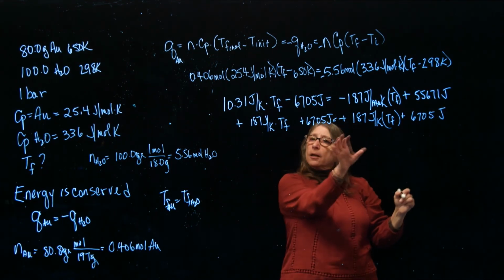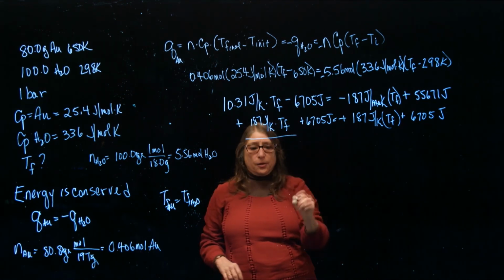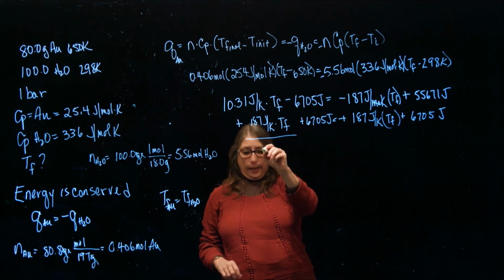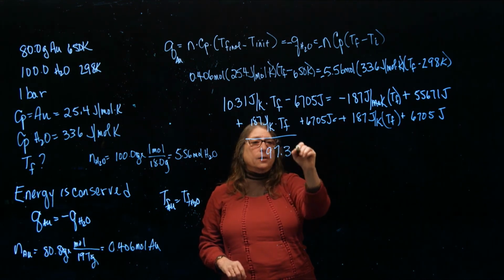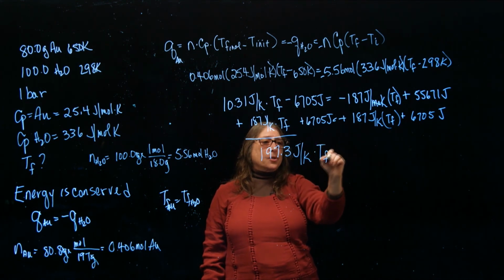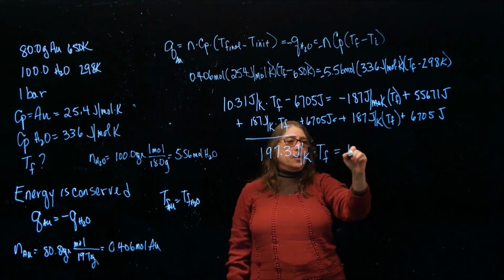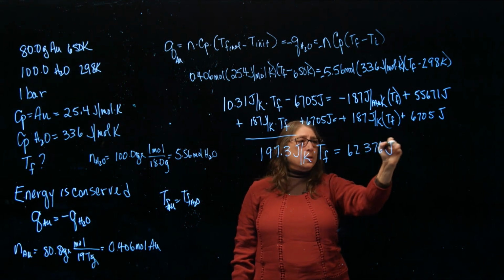So now I'm going to get all of the final temperature multipliers over here, and I got 197.3 joules per Kelvin times my final temperature, and that's equal to 62,376 joules.